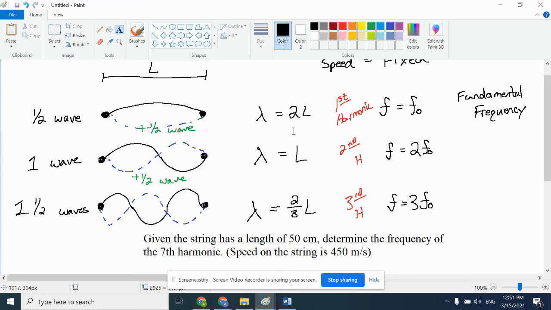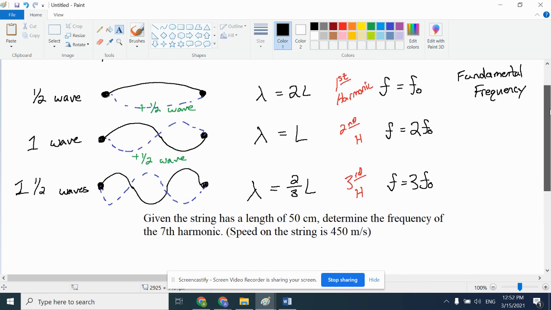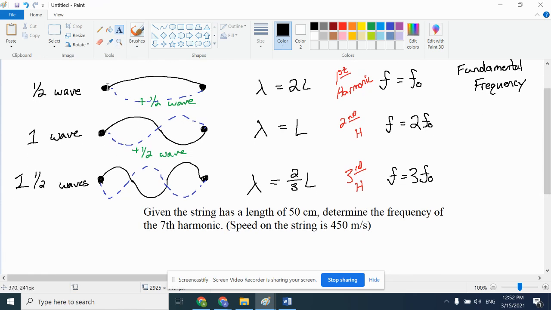Looking at the very first scenario, I see that my first wave, which is a half, is 50 centimeters. Therefore, the full wavelength would be 1 meter.